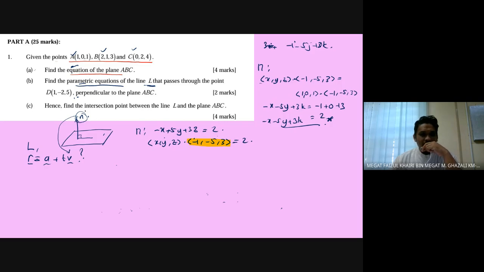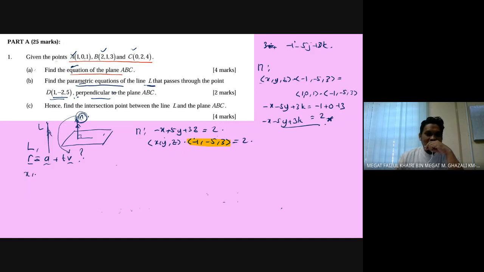Class, if we form a straight line L perpendicular to the plane, this line L and this normal are parallel. They are parallel. So if I take the vector n, the normal of the plane, to become the v of the line, and a, using the D, 1, negative 2, 5.